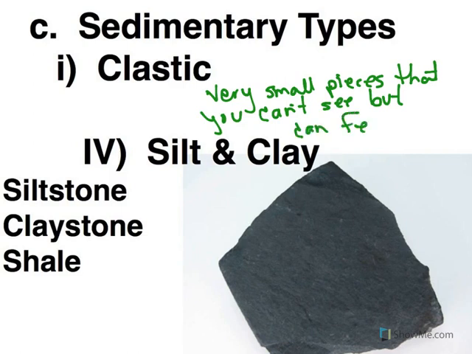So when classifying clastic rocks, you're looking both at the appearance and at the texture. So siltstone, claystone, that kind of makes sense since we've got silt and clay-sized pieces. Shale also qualifies as a silt and clay-sized clastic rock.